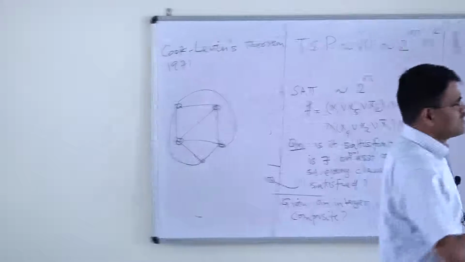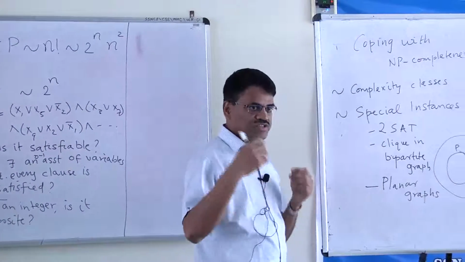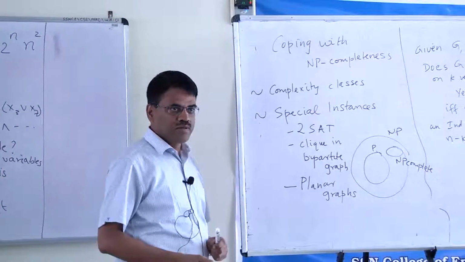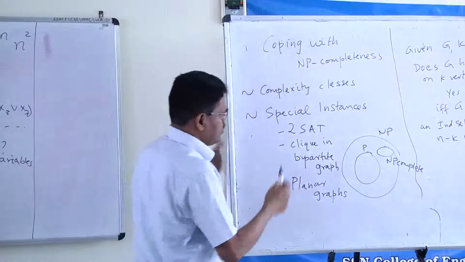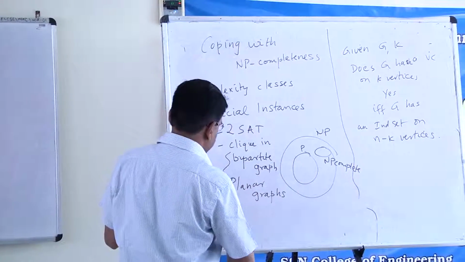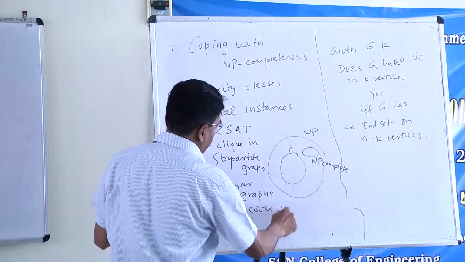The point is that the problem is NP-complete in general graphs, or general instances, but if you know something about the input, then a lot of these problems, like clique in bipartite graphs and planar graphs, become easy. For example, vertex cover is easy in bipartite graphs.